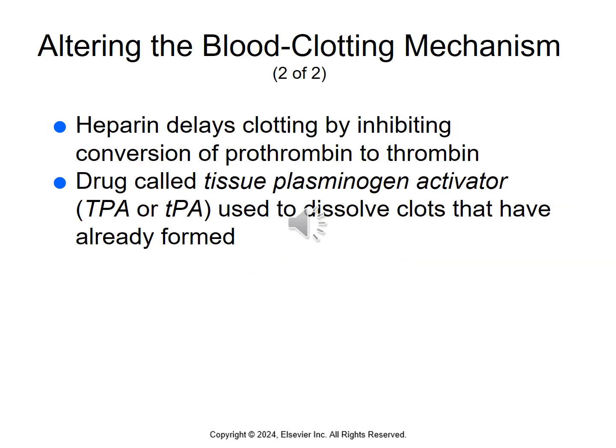Altering the blood clotting mechanism. Heparin delays clotting by inhibiting conversion of prothrombin to thrombin. A drug called tissue plasminogen activator, or TPA, is used to dissolve clots that have already formed. TPA is nicknamed the clot buster. If the patient meets certain criteria, which you will learn next semester in med-surg, then this is the drug of choice for our stroke patients.